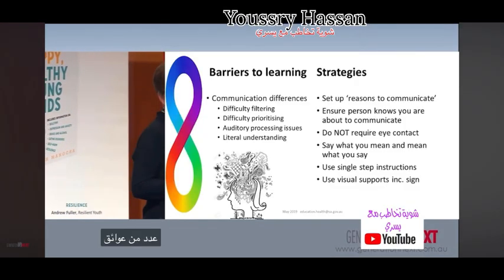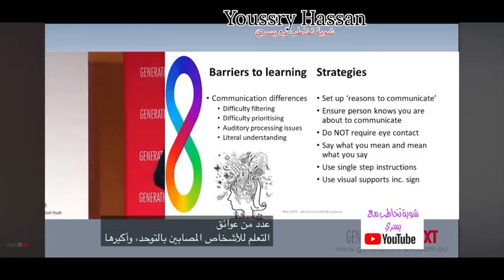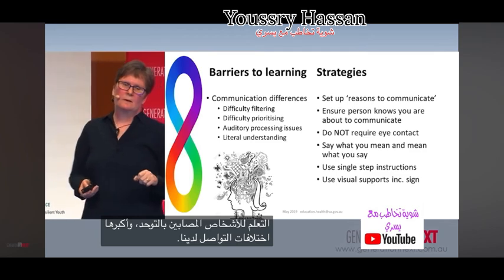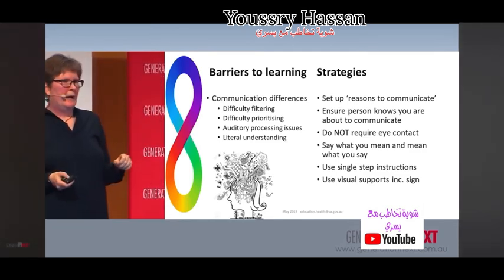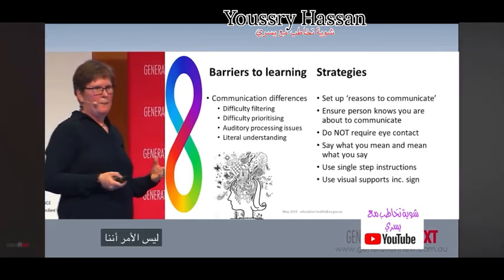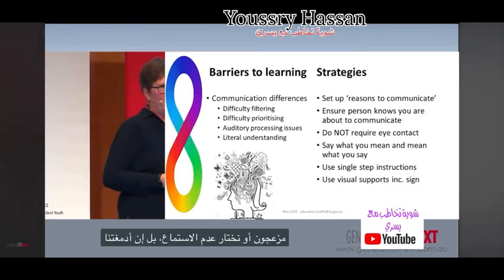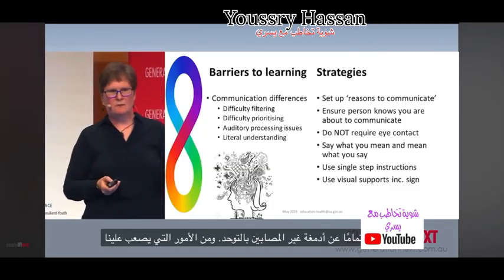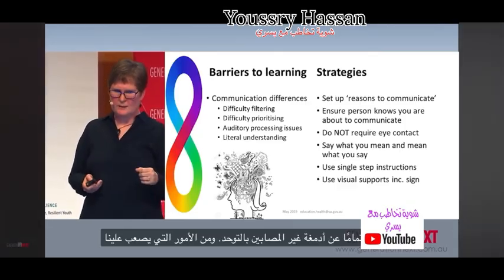There are quite a number of barriers to learning for autistics, the biggest of which is our communication differences. And it's not that we are annoying and choosing not to listen. We have a very different wired brain to non-autistics.